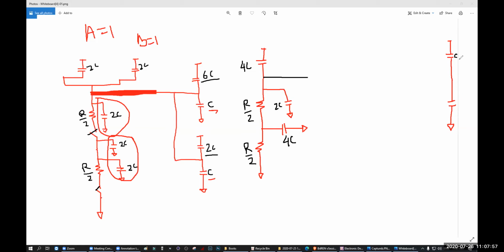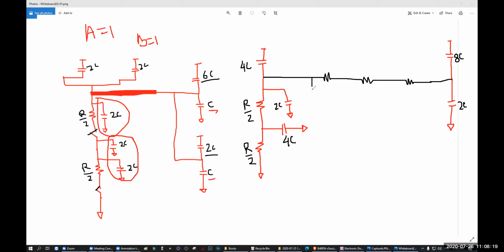You can call it 8C. You can call it 2C. Understand? At the middle, you have your 3-segment pi model wire. So what is your pi model? You have one resistance, another resistance, another resistance.